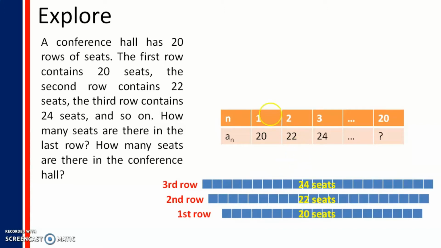As you can see, this is the pattern or the sequence for our arithmetic terms. As we have discussed in the past lessons, we have a formula to get the missing terms for the arithmetic sequence.